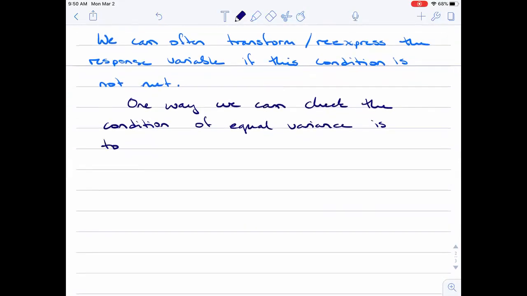is to compare the group with the smallest standard deviation to the group with the largest standard deviation. So we can compare the standard deviations of the groups.